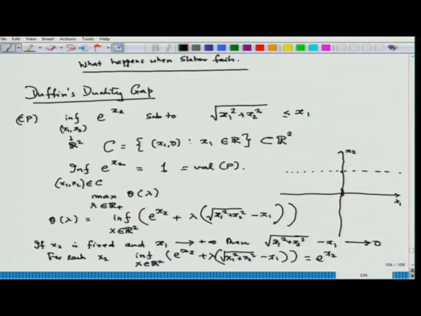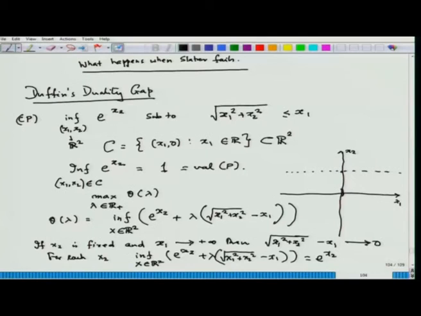So, I know the minimum value of the function over this line when x2 is held fixed, but if I change x2, again I will know in the same way the minimum value, which will be e to the power of that particular value of x2. On each of the lines, the minimum value of the function when minimized over x1 is just e to the power x2.